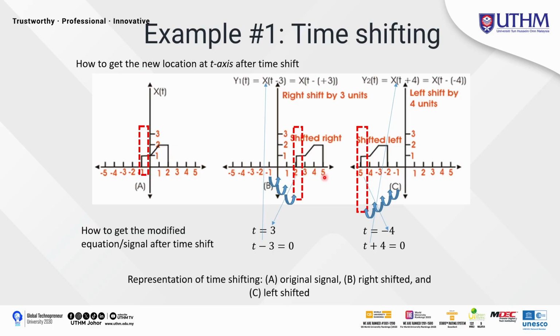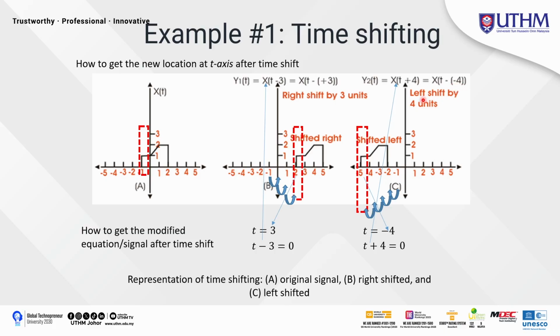Now for the second question, y2(t) equal to x(t + 4). The t plus 4 is equivalent to x(t - (-4)), because the original equation is t minus t0, right? So t0 here is -4.